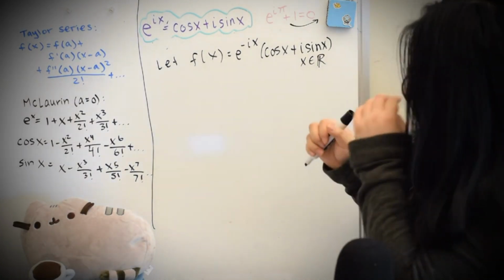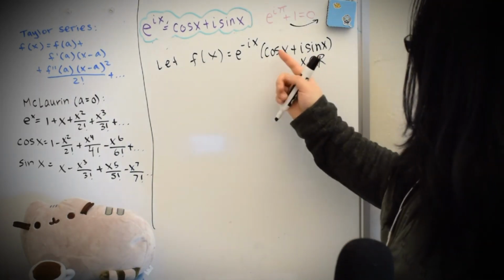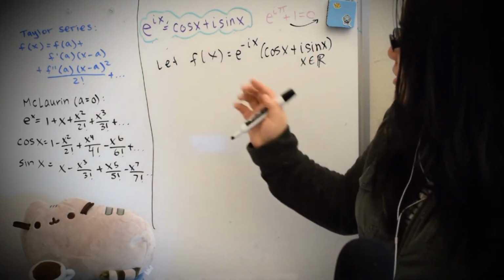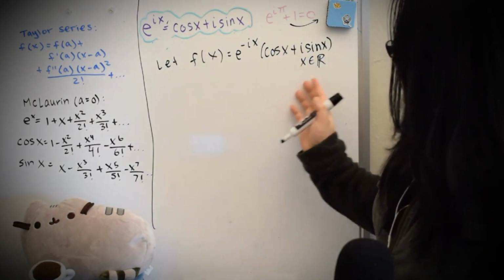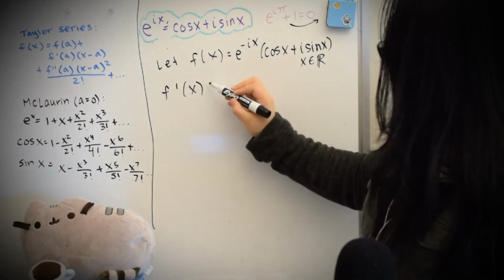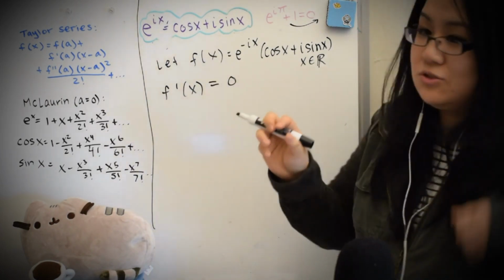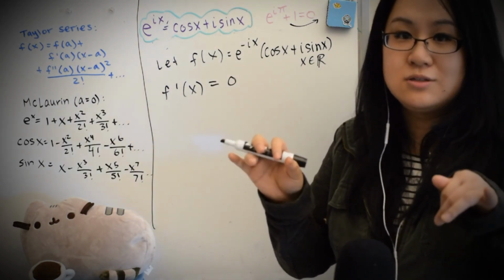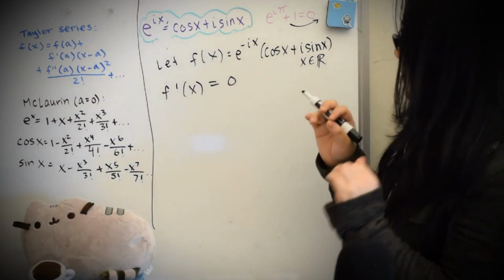This might seem kind of arbitrary, but why we do this is because if we take the first derivative, you get 0. The first part and the second part of the product will actually cancel, to give you 0.